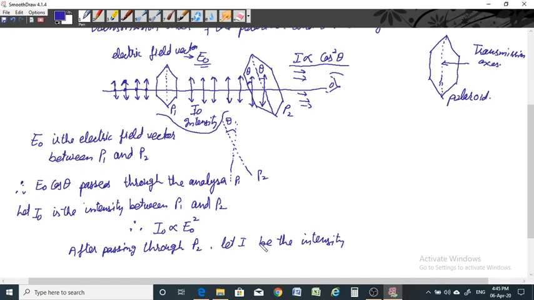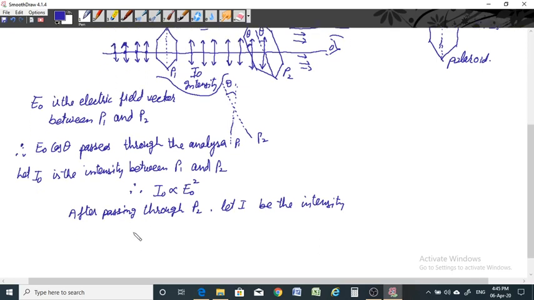Therefore, this derivation can be written as I is directly proportional to E naught cos theta whole square. Let this be equation 1 and this be equation 2.